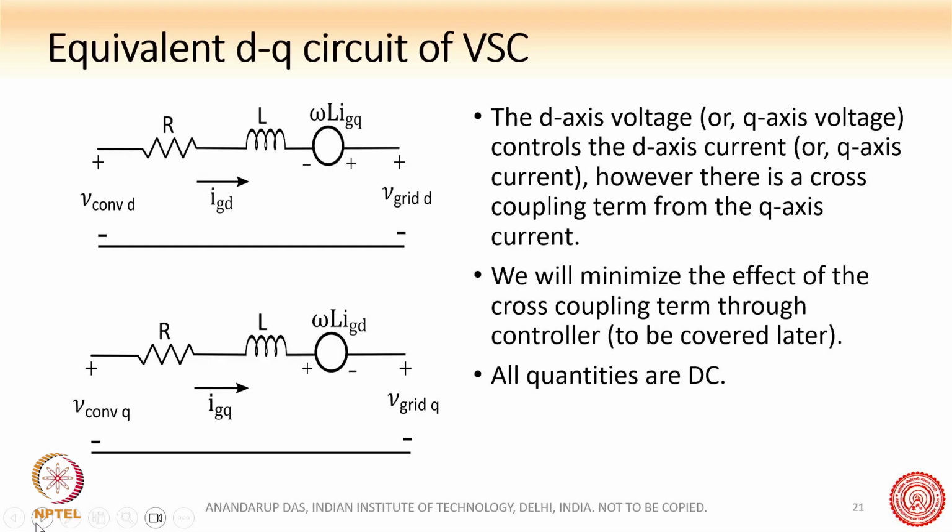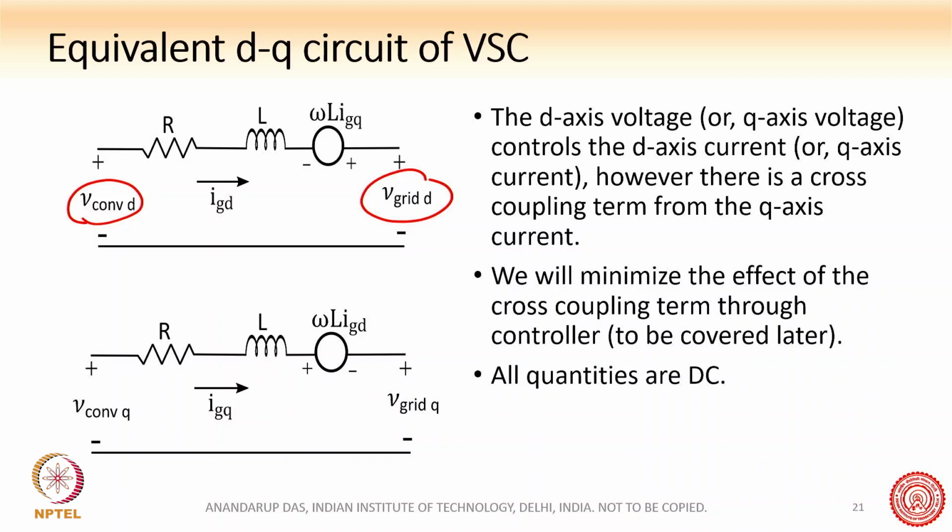You can visualize it from here. You have this v con d and v grid d. So again we have two circuits. Physically there is only one circuit, but when we talk in terms of DQ, we are thinking that there are two circuits working together.